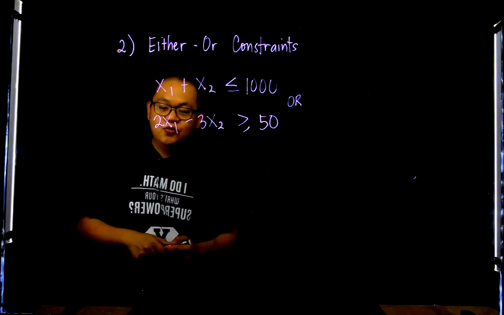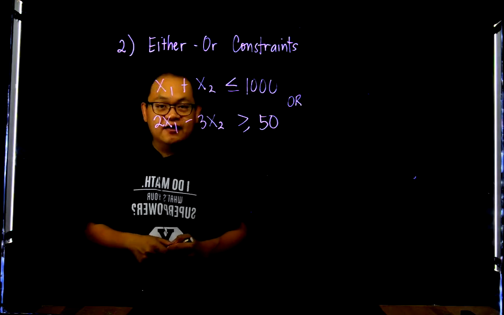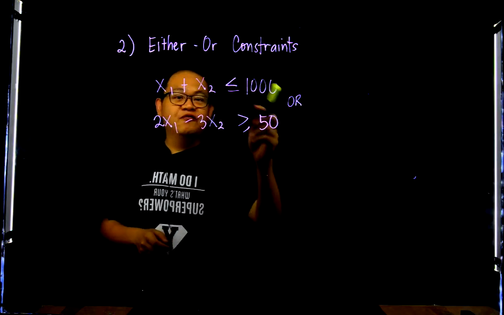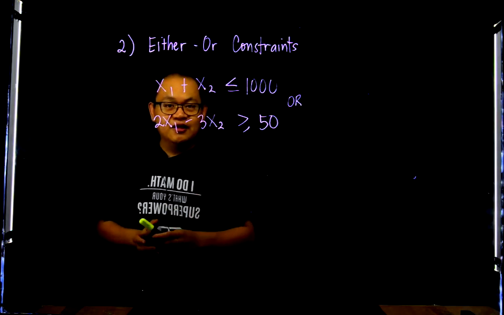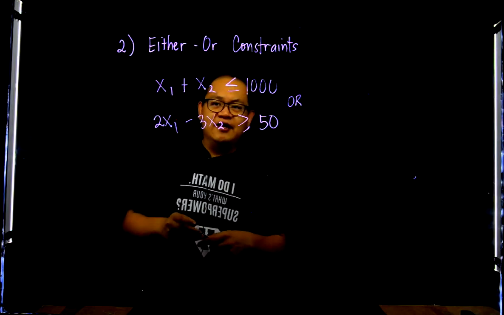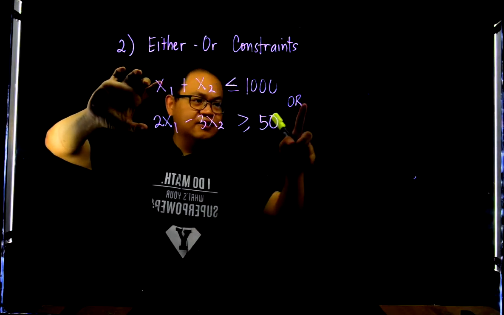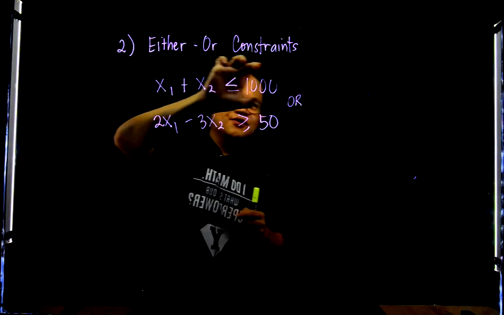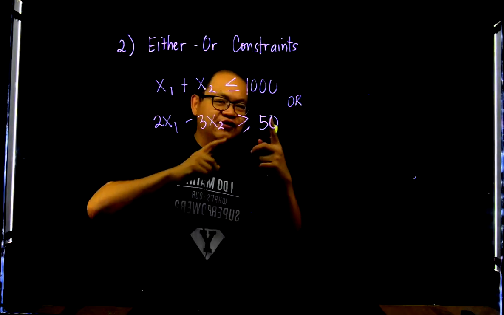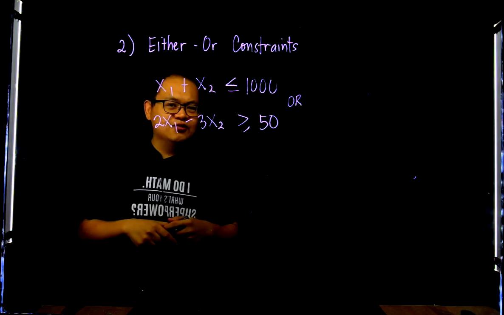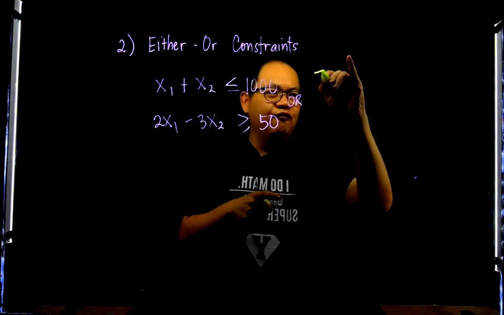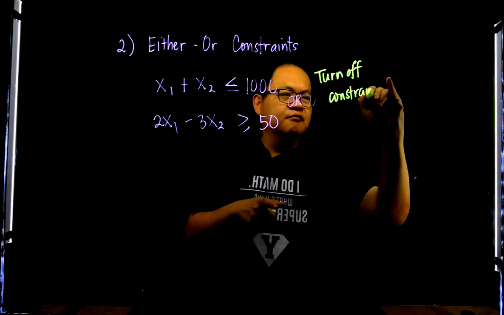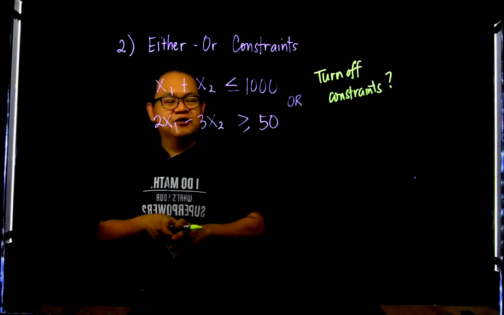Now that you've seen the two ways in which you can incorrectly answer this problem, let me now show you how to correctly convert this either-or constraint into a model that is linear, and yet it still retains the idea that if you have these two constraints and you want them to be on only one at a time, meaning if this constraint is on, the other one is off, and vice versa, what we need to do right now is to understand how do we actually turn off constraints. How do we turn off constraints?